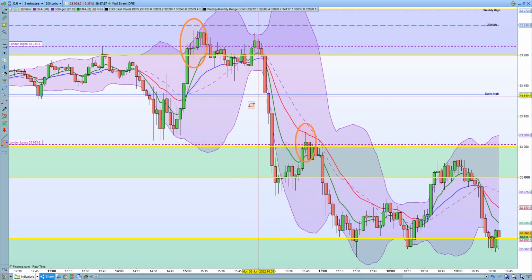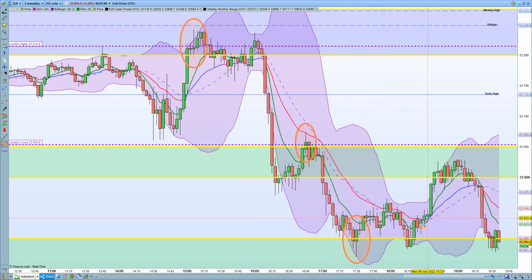It's still valid due to that impulsive corrective nature, but we hadn't quite seen that acceptance below that zone at that point. We did gain acceptance below here, and we have then seen a move to that 32,840 to 32,900, and that has so far held as support.